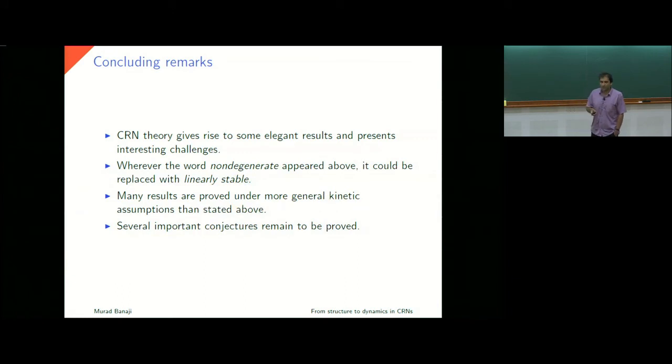I presented a lot of those results more narrowly than I could have done, just to make them more presentable. So quite a lot of them are proved under a variety of different kinetic assumptions, but I just said, okay, mass action or weakly monotone kinetics, because that was the simplest catch-all, which was included in all of the assumptions of the different theorems.